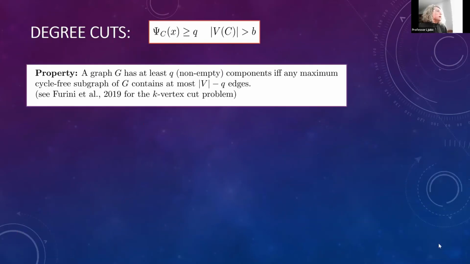For the degree cuts, just one slight remark. We were using a very well-known property from graph theory, because remember that the function psi of C simply counts the number of connected components. A graph G has at least Q non-empty connected components if and only if any spanning forest in this graph contains at most V minus Q edges.